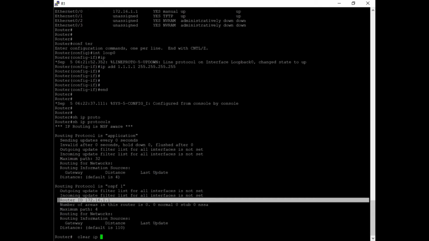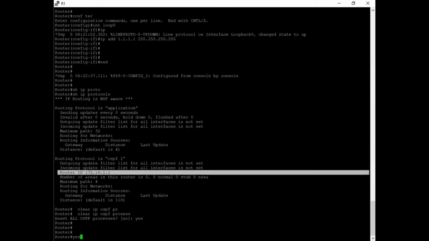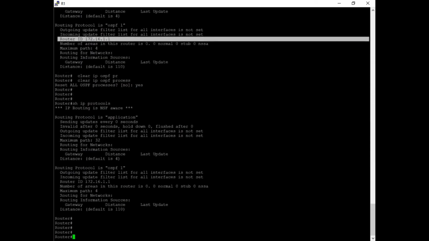If I do clear IP OSPF process and clear the process for OSPF, what would be the answer now? 1.1.1. Sorry, it is 1.1.1.1. I think it will now take the loopback. So if I hit enter, there should not be any change. Can you see? There is no change.